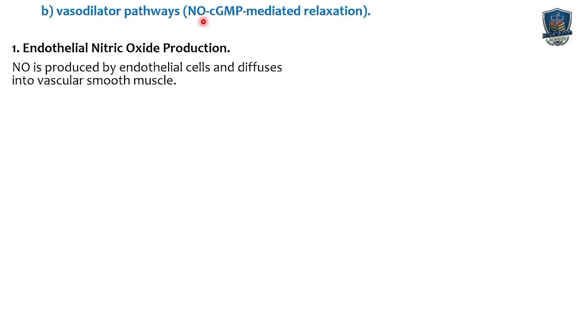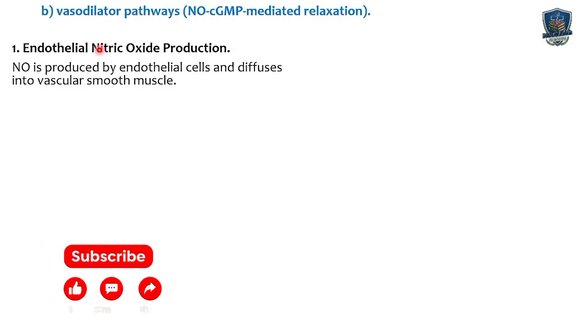Now this one depends on nitric oxide. So NO cyclic GMP mediated relaxation. The first step here, we always have a production of nitric oxide, which can happen either in the endothelium, or there are other drugs that are nitric oxide donors, that just donate the nitric oxide.